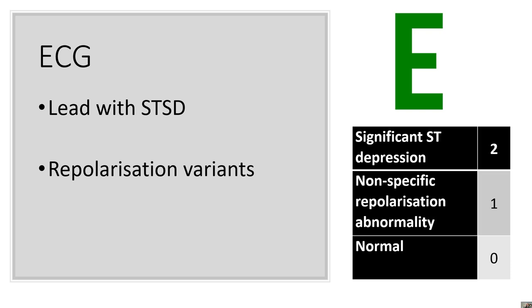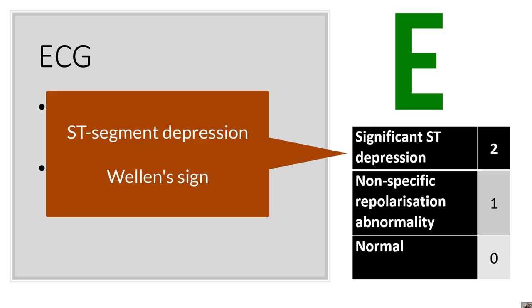We're also looking for Wellens sign. Those are the inverted or the biphasic T waves that tend to predominate in V2 and V3, or other suggestive ST wave changes. So the presence of any of those will score 2 on the calculator. So just to recap this, the high risk elements are ST segment depression and Wellens sign.